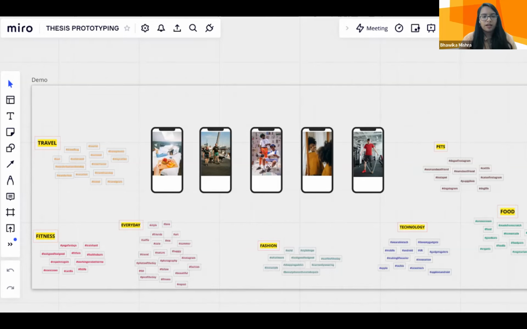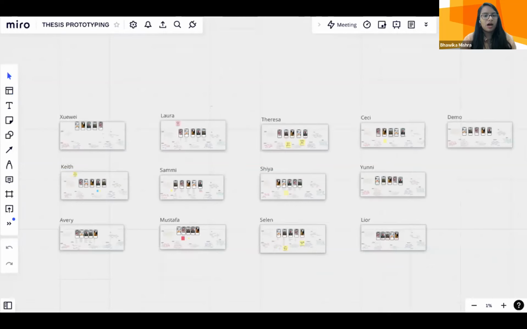So for round one, each participant was asked to go to their board, observe the board and relate to the images, and tag different hashtag words from the pool, or maybe use their own to describe the images that they see on the board.